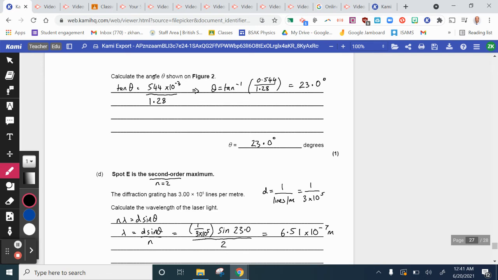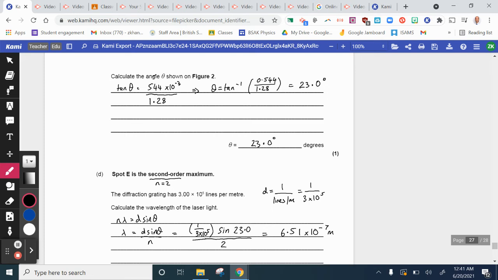So that's 1 meter divided by how many lines there are, 1 divided by 3 times 10 to the 5 slits, and that is our d.